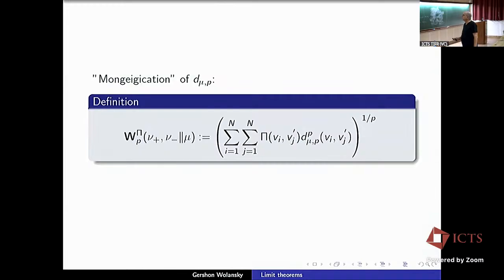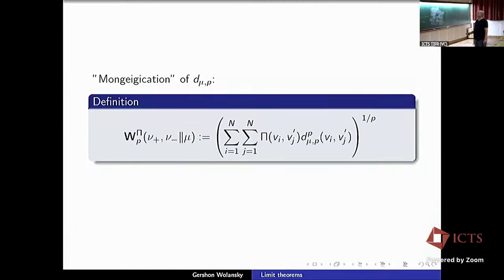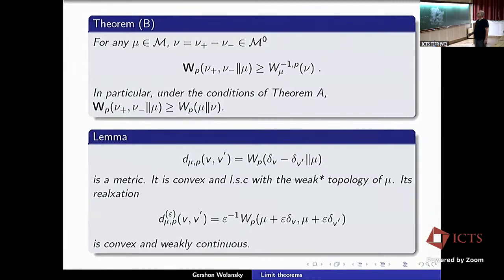In this way, this is a convexification of the Gilbert problem. So this is what I claim: the Gilbert problem corresponding to sigma equal 1 over p, where p is the Wasserstein exponent, the Wasserstein distance which we use to define this function.